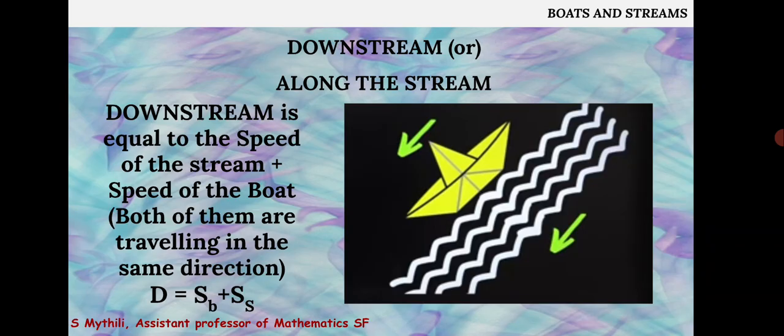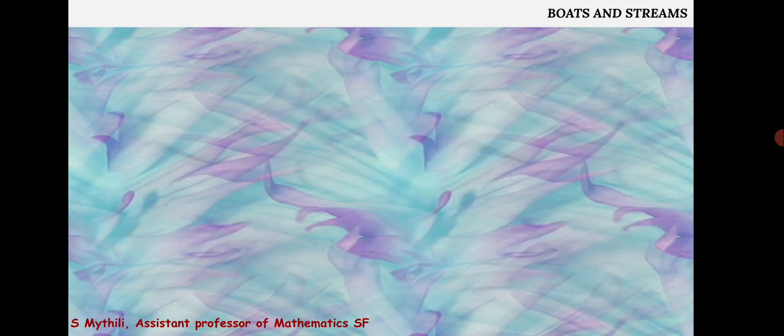Now the downstream is nothing but both of them traveling in the same direction. Obviously, water flow will help the boat go much faster. Water will push the boat, then boat speed is increasing. So the downstream speed is equal to speed of boat plus speed of stream.